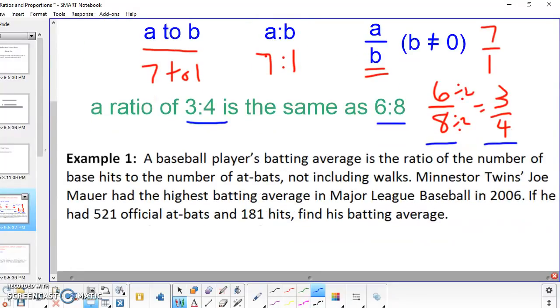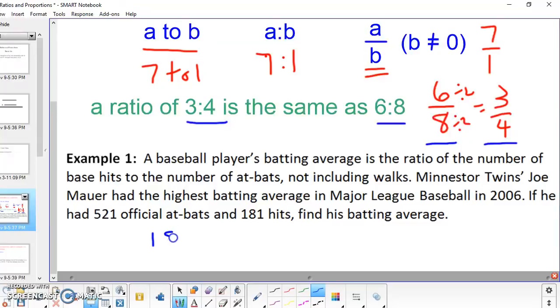One common example you see a lot as far as what ratios are used for would be a player's batting average. It's the ratio of the number of base hits to the number of at-bats, not including walks. So Minnesota Twins' Joe Mauer had the highest batting average in 2006. If he had 521 official at-bats and 181 hits, find his batting average.